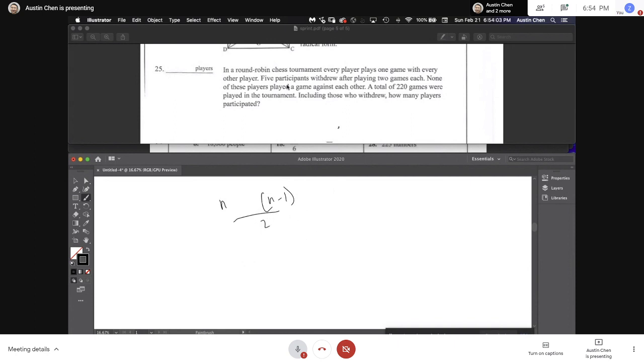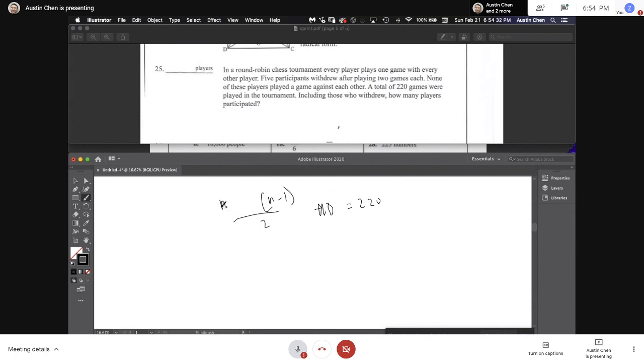And then the 5 participants that withdrew are going to give us an extra 10 games that were played before, that were counted, right? So then this is going to be our total number of games, which is 220. So basically, again, n is going to be the number of people after 5 participants have withdrawn.